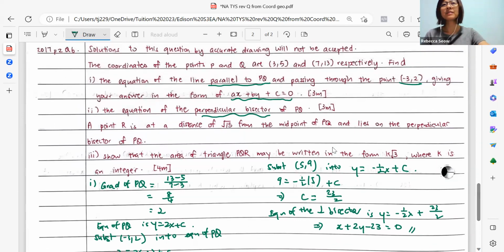Now, what are the points that we know of? We know P and Q. We also know the equation of the line that's perpendicular. Okay, let's draw it out.